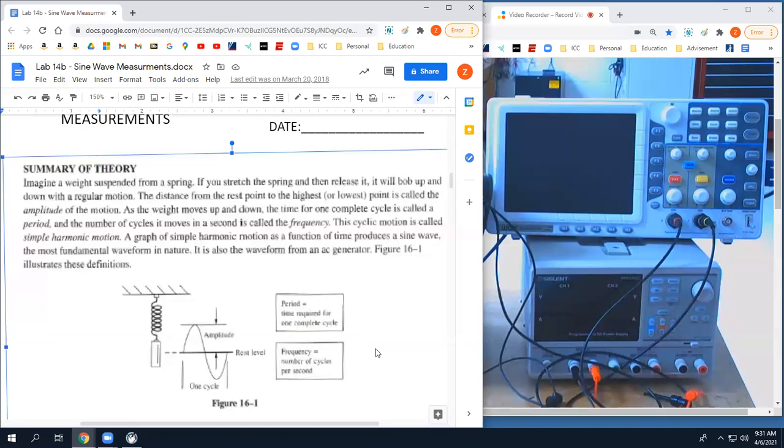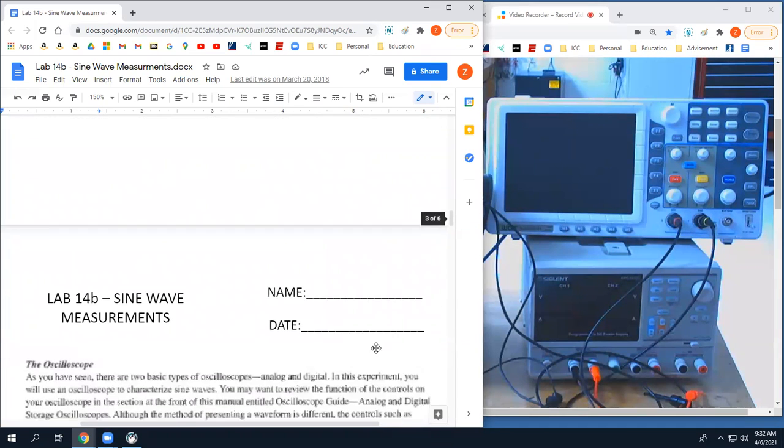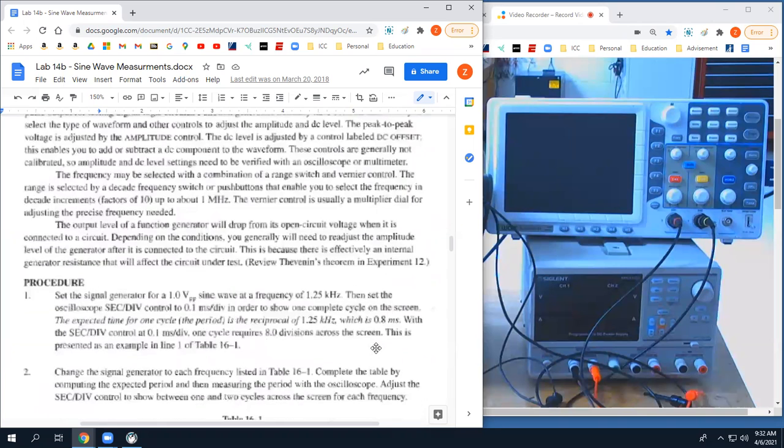I'll let you guys read through the summary of theory and stuff on your own time. I'm just going to get straight to the procedure.